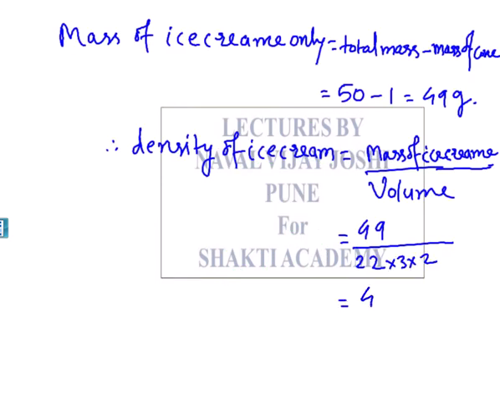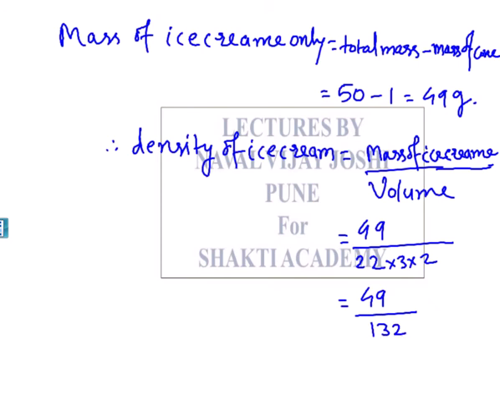So this is 49 by 22, 3s are 66 into 2. How to do this? 6 twos are 12, 60 into 2 is 120 plus 12, so it becomes 132.